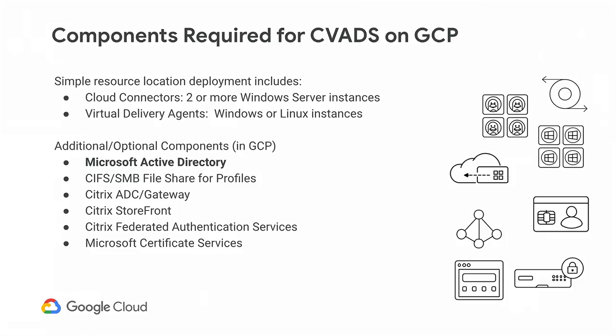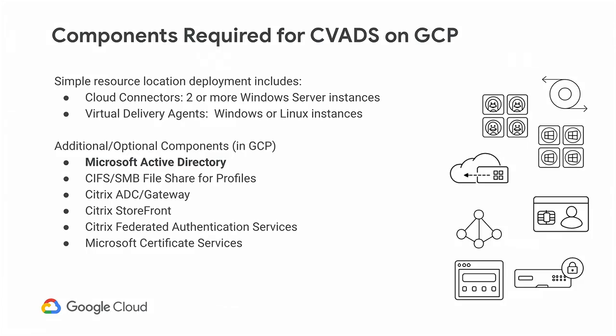So our minimal set is a couple of Citrix Cloud Connectors, which are Windows Server instances, and the virtual delivery agents running on those Windows or Linux instances to deliver the applications.